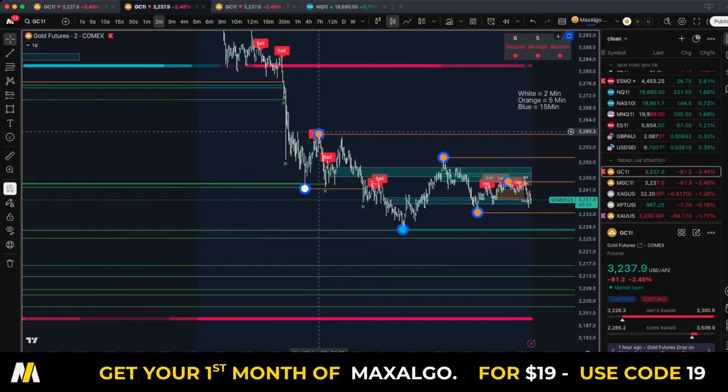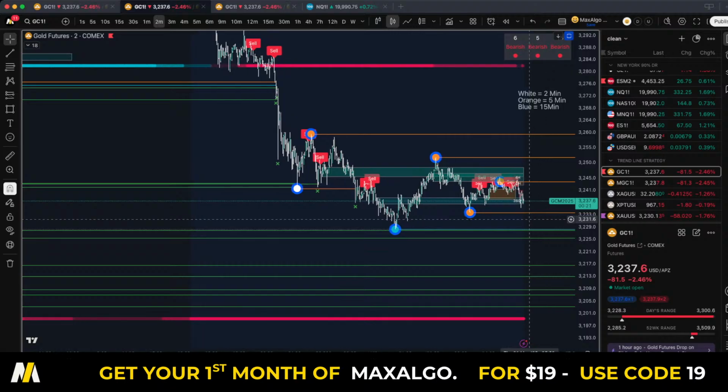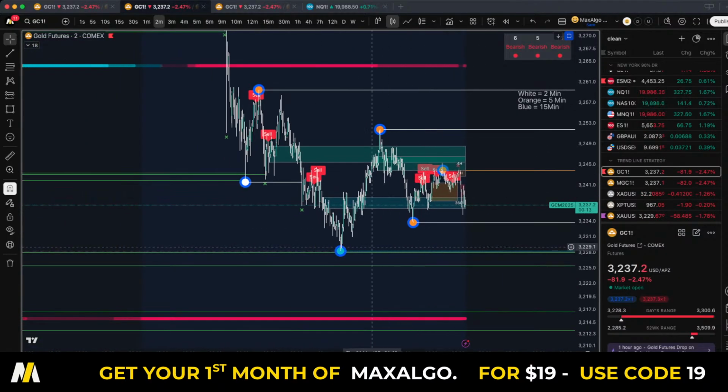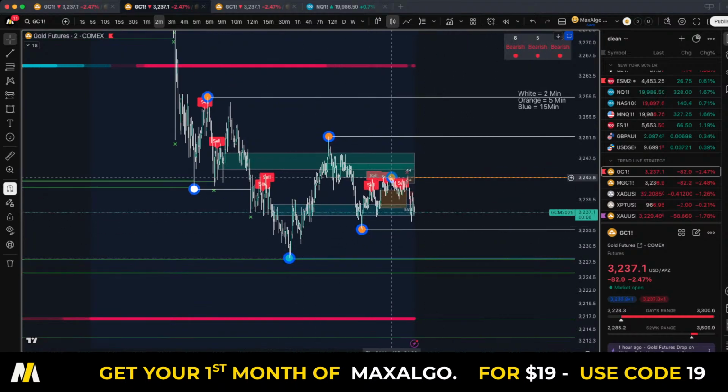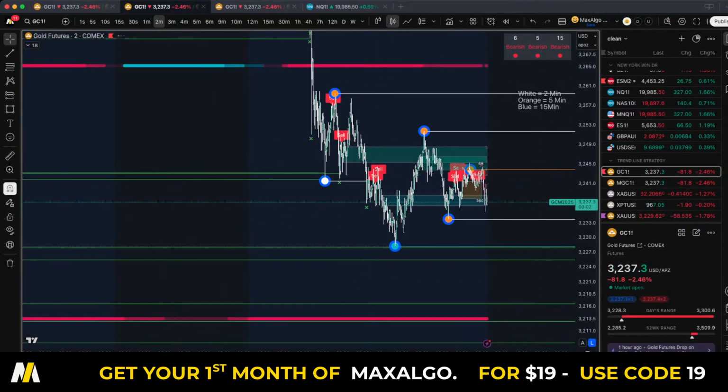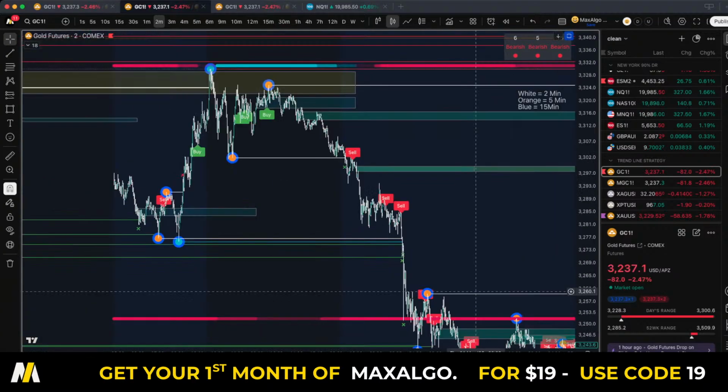We've come up, come down, come up, put in another low, failed to take the high, put in another high. So we've got this range to potentially watch. Usually we'll need to see a new 4 hour, new 6 hour, possibly. Our bias is bearish. We've just had a very strong move down.